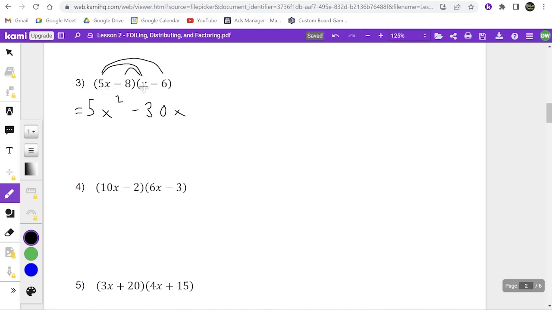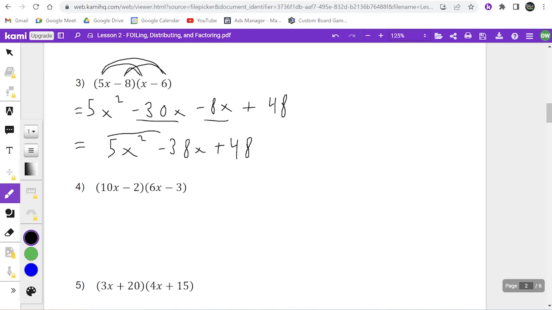Next, negative 8 times x, the inner, you get minus 8x. And then for the last one, it's negative 8 times negative 6. Two negatives do make a positive when you multiply them together. So it's plus 8 times 6, that's 48. Again, I need to combine like terms, the negative 30x and the minus 8x. You're going to get 5x squared minus 38x plus 48. And that's your final answer.